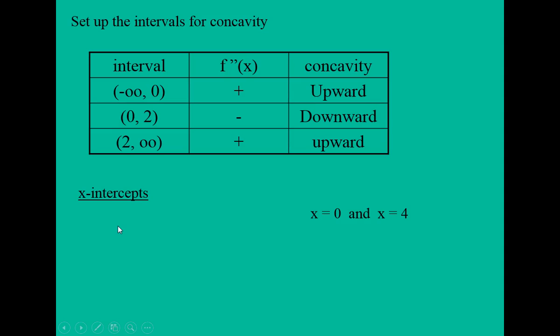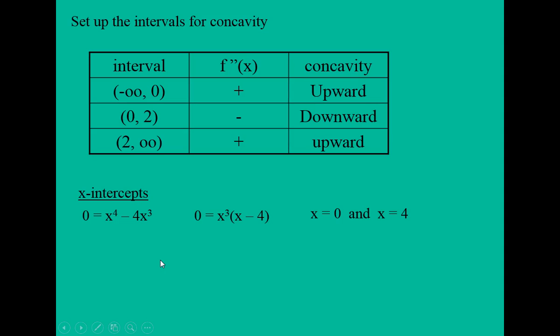It's always nice to know, when we're trying to graph a function, if we have x-intercepts and y-intercepts. So let's just go ahead and see if we have any x-intercepts and y-intercepts. So here we set our function equal to 0 and solve.